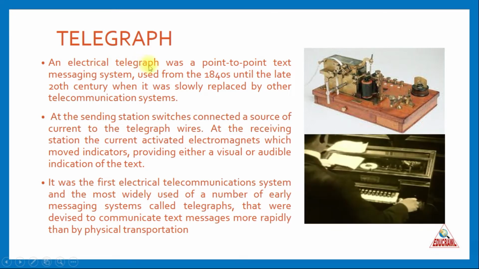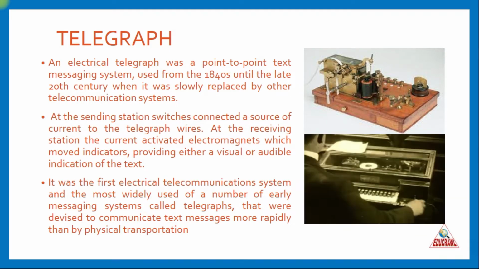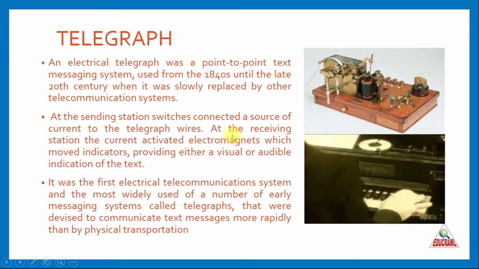An electrical telegraph was a point-to-point text messaging system used from the 1840s until the late 20th century, when it was slowly replaced by other telecommunication systems like the telephone and others. At the sending station, you have switches which connect a source of current to the telegraph wires.